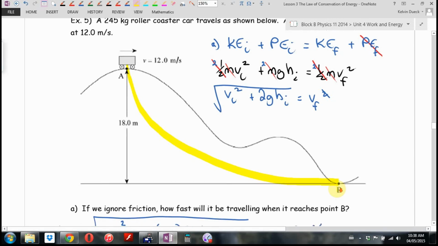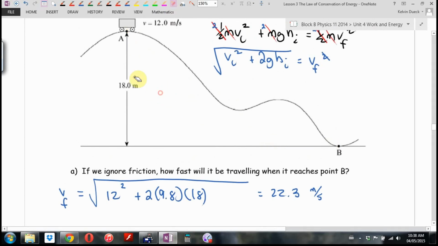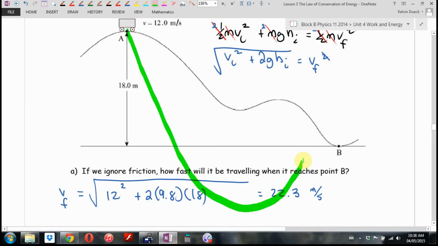You'll get the same 22.3. What if instead I had drawn the roller coaster like this? If we ignore friction, you'll get the same answer, 22.3. In fact, what if for some reason, Thomas, I had dug a tunnel into the ground and then come up?